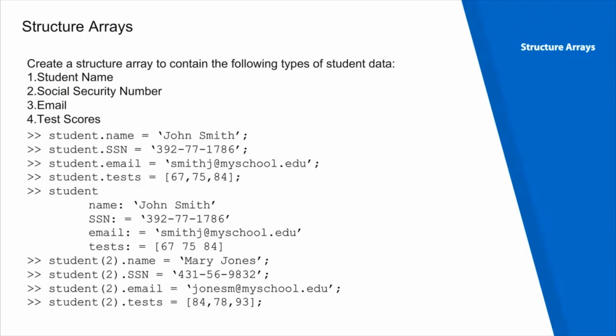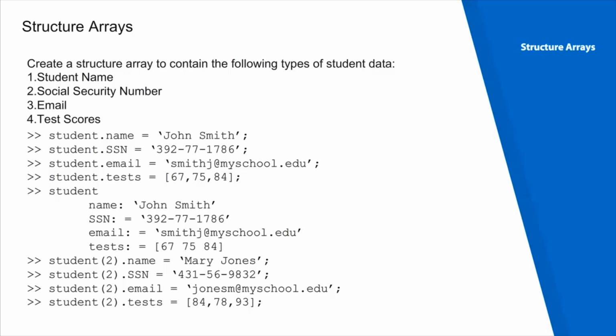Let's take an example to understand better how to create structures. Here in this example I am creating a structure similar to the one that was shown previously. So here we have field names of student: name, social security number, email and test scores. To create a structure and a field, we start with the structure name, that is student, then dot notation followed by the field name, that is name, and with the assignment operator we store the name.